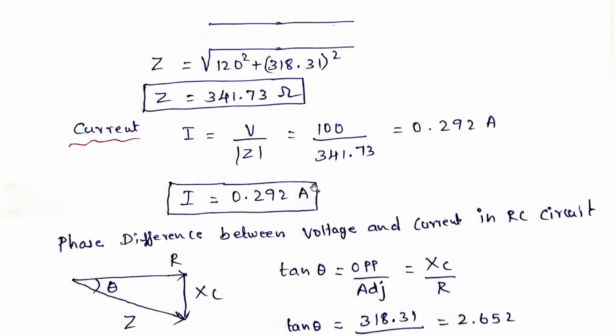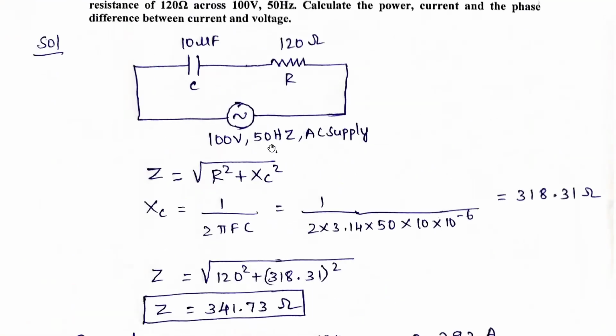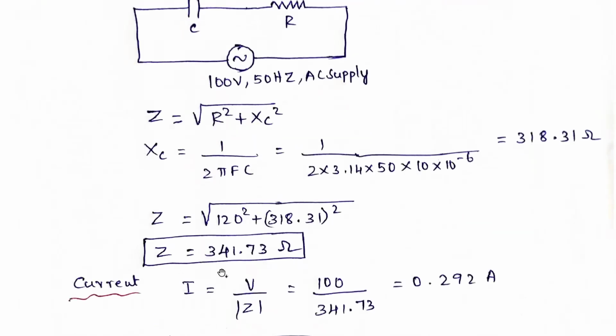This is how we need to calculate. The formula for calculating impedance is Z is equal to root of R square plus XC square. The common mistake you are making is directly substituting C here. If you substitute C here, you will get a very different answer and the whole thing goes wrong. So you need to be very clear: formula, then substitution, answer.